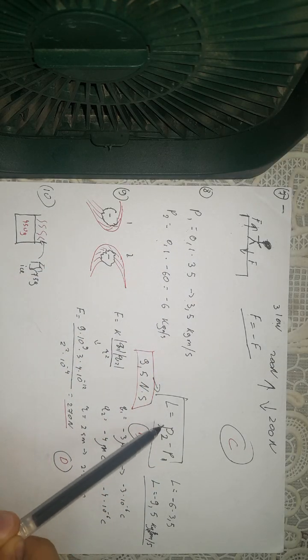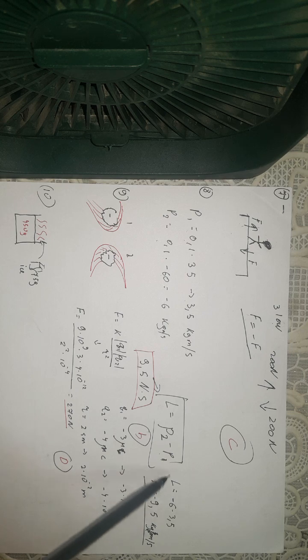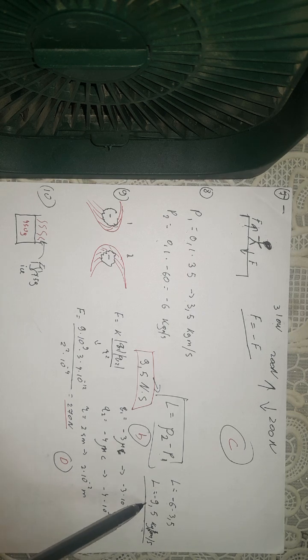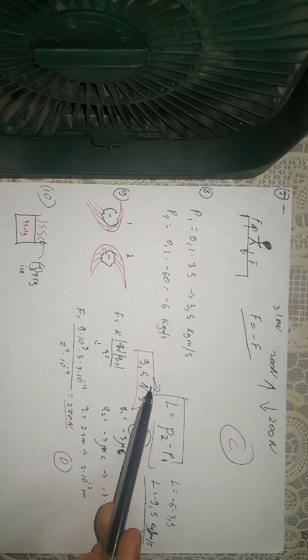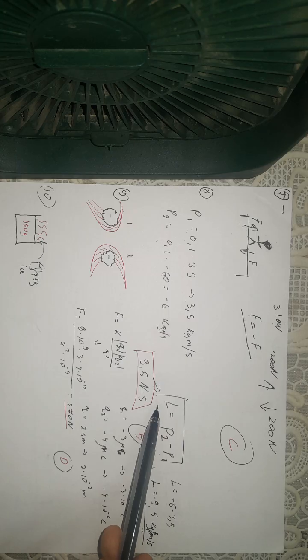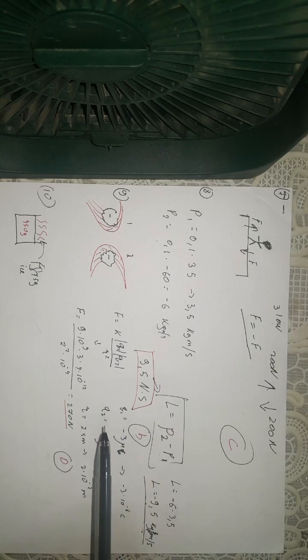So the average is found like this: P2 minus P1, which is 2.5 kilogram meters per second. A newton is kilogram meter per second squared. If we multiply by a second, we get the speed instead of acceleration.